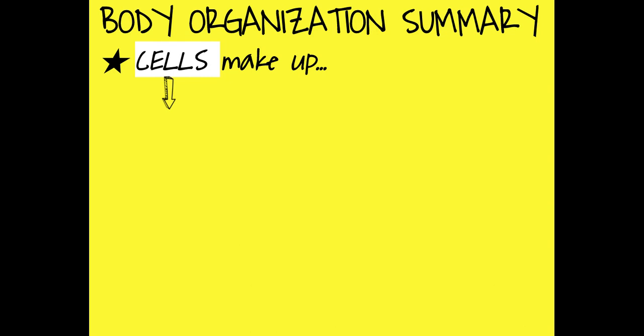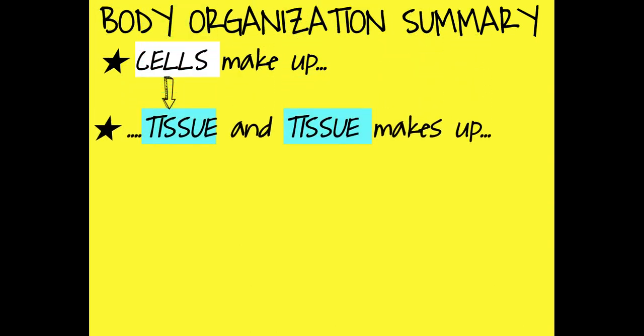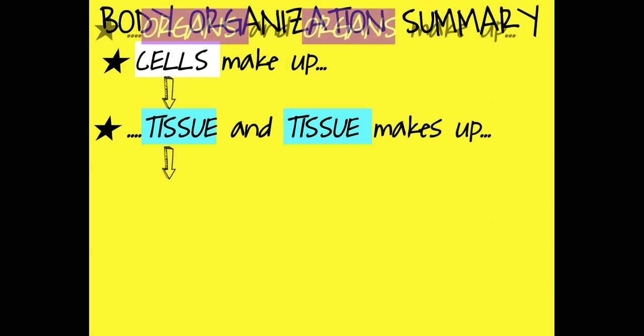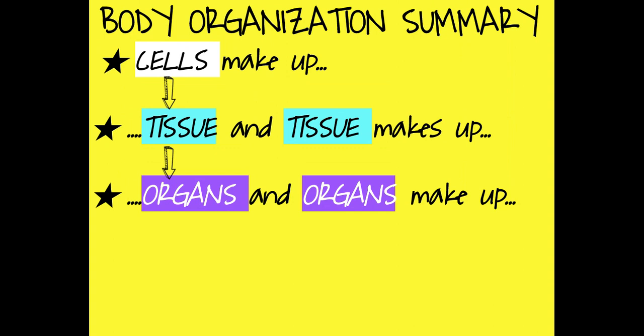So just to summarize everything, we start with cells, and cells make up tissues, and tissues of the same kind will come together and create organs. And organs are things like your kidneys, your heart, your lungs, your diaphragm, your bladder, your pancreas, your liver.